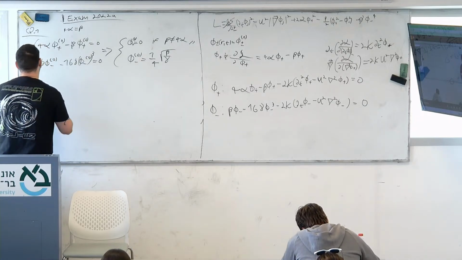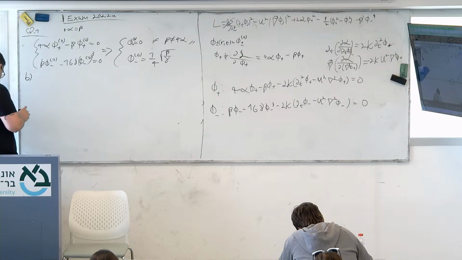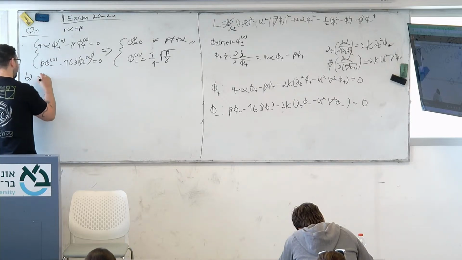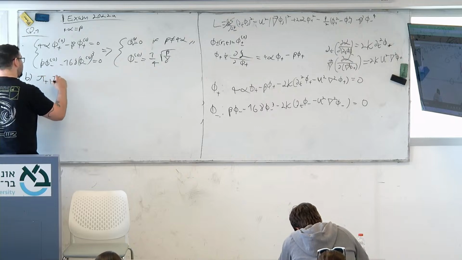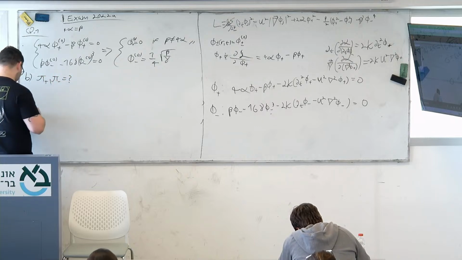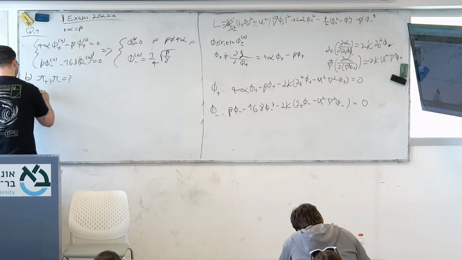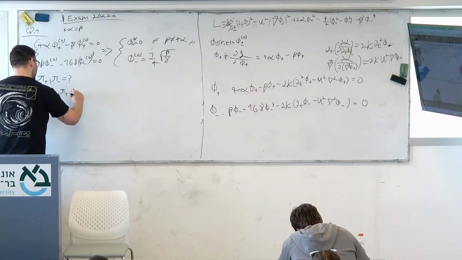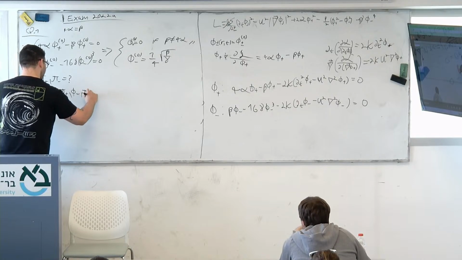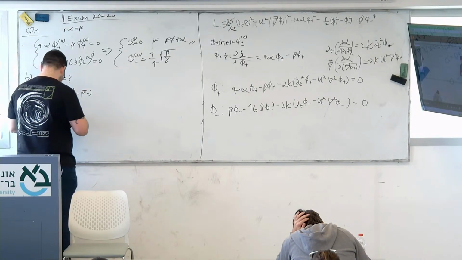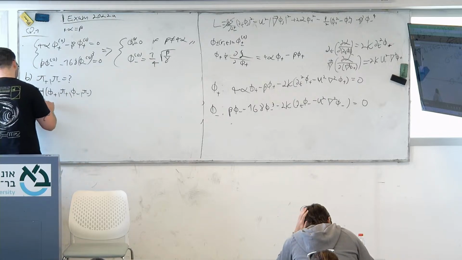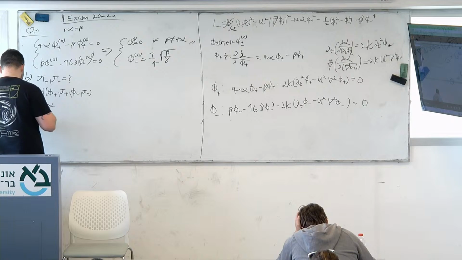Now, for B, I asked to find the plus, the minus, and then find the Hamiltonian of phi plus, phi minus, when focusing on beta equals 4 alpha.